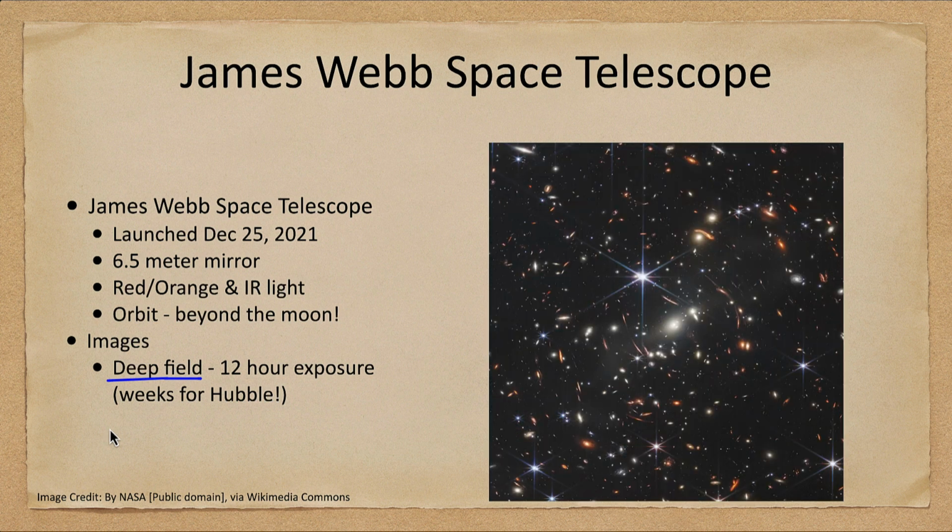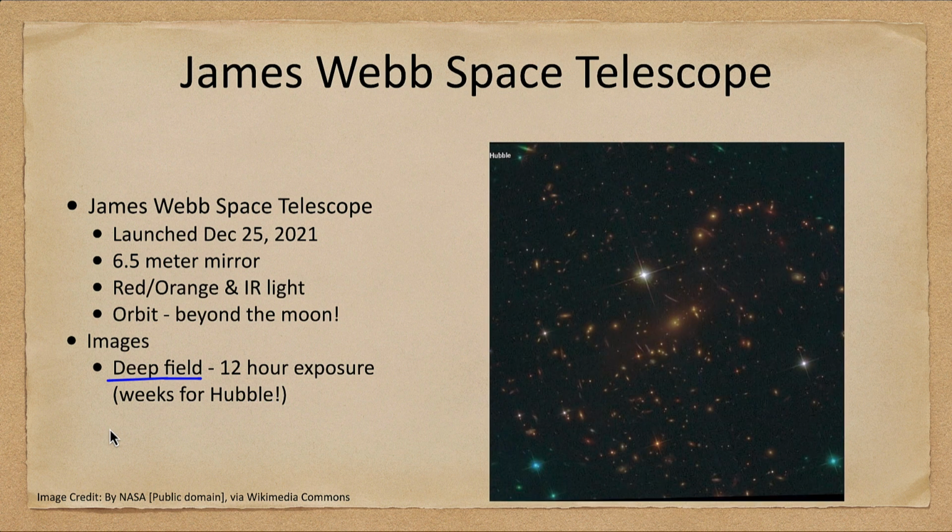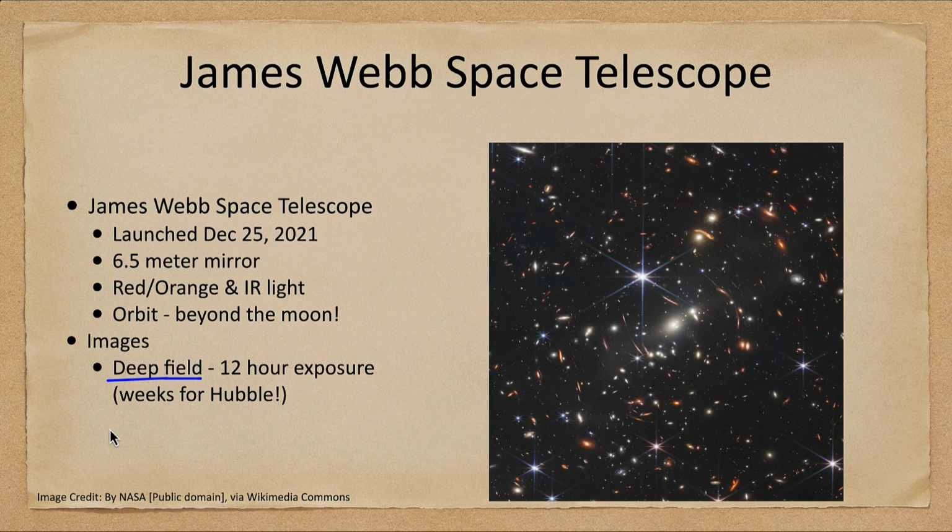You can see some objects that do not appear in the one do appear in the other. There are a lot of faint objects that were not visible to Hubble. So we expect over the coming years to get a lot of great science out of the Webb Space Telescope and improve our understanding of the universe and all of the objects that we study in it.